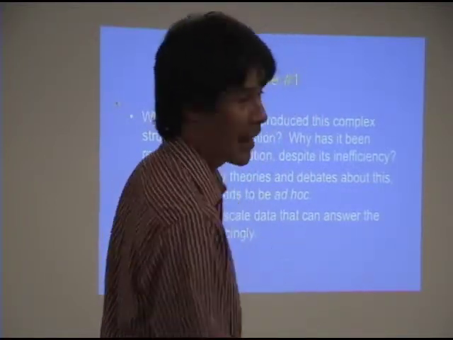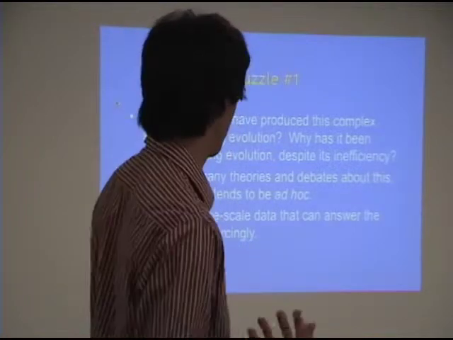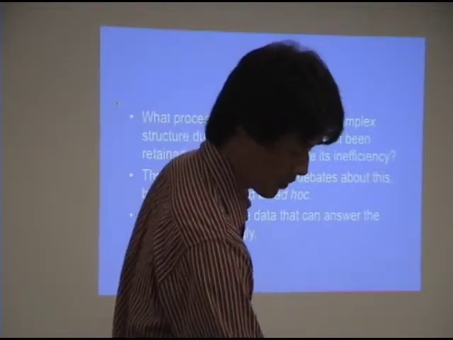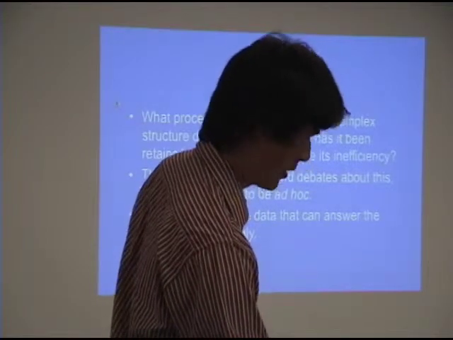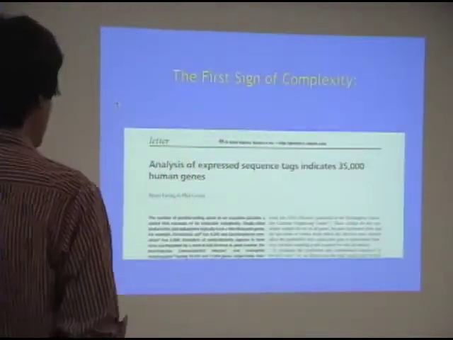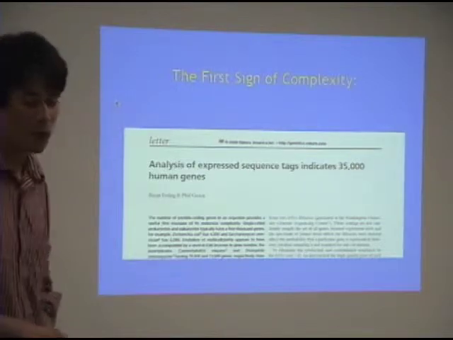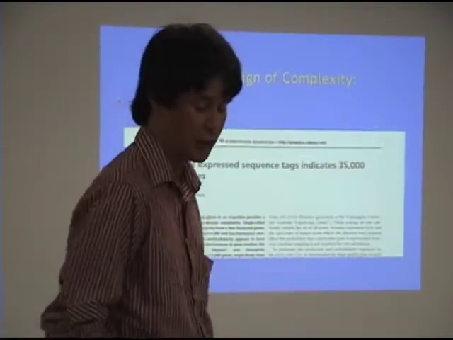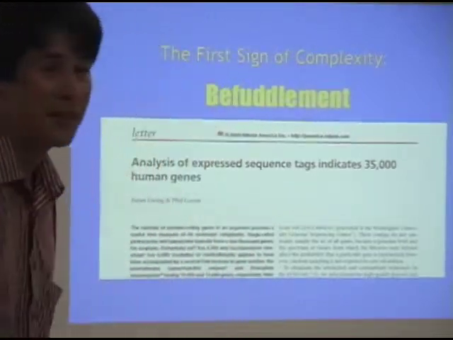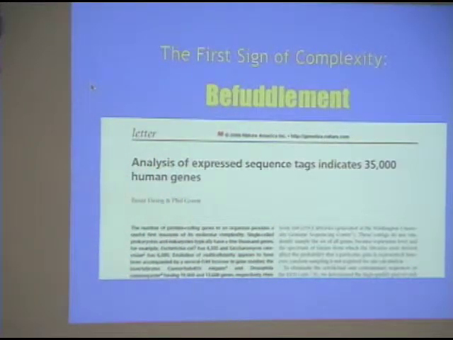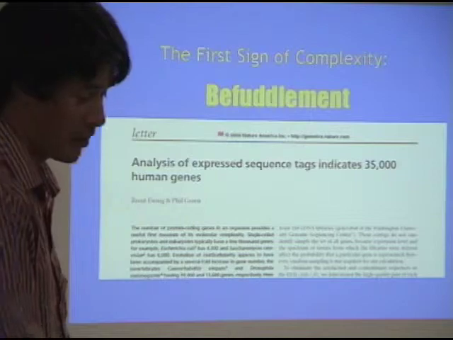And we can only answer those kinds of questions by doing very large-scale analysis over these entire data sets and over many, many different organisms. So how do we know that we're operating within the domain called complexity? Well, the answer is when everybody gets really confused and can't agree with each other.